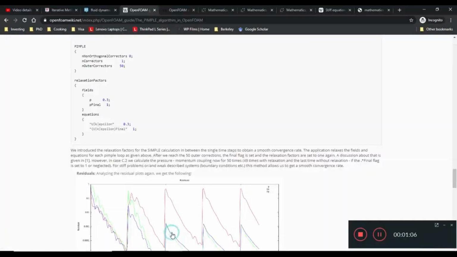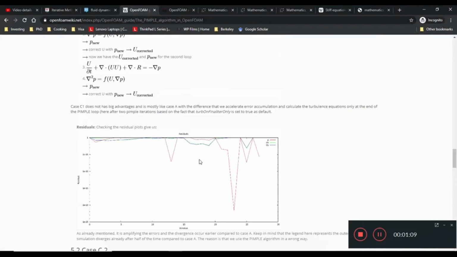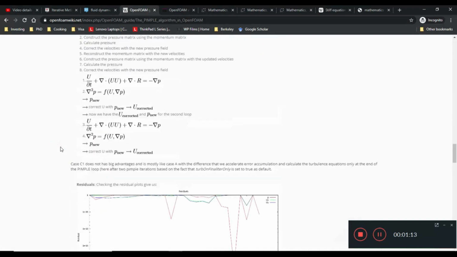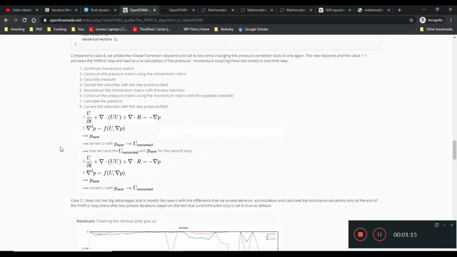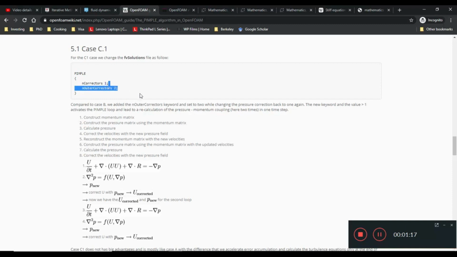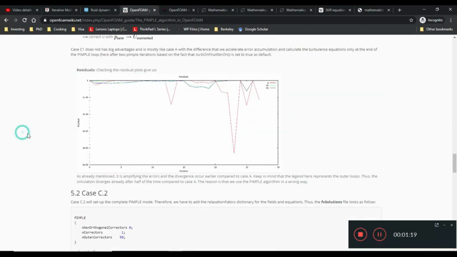It won't always give you the result you want. For example, in this case C1, where nOuterCorrectors is 2, we have a diverging kind of solution where you don't have convergence and the residuals are still pretty big.